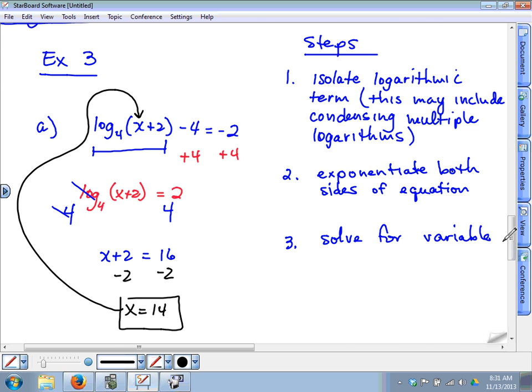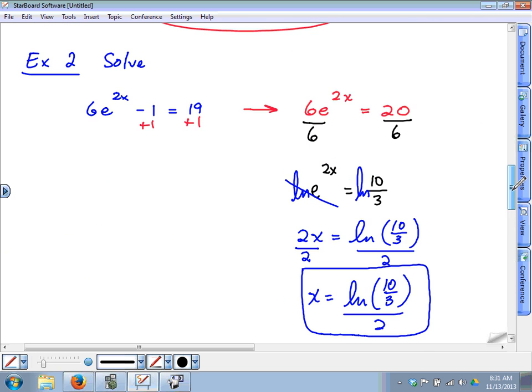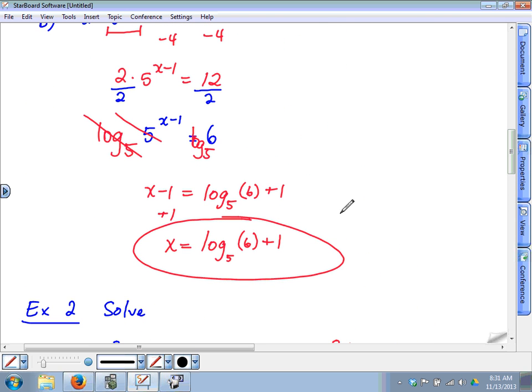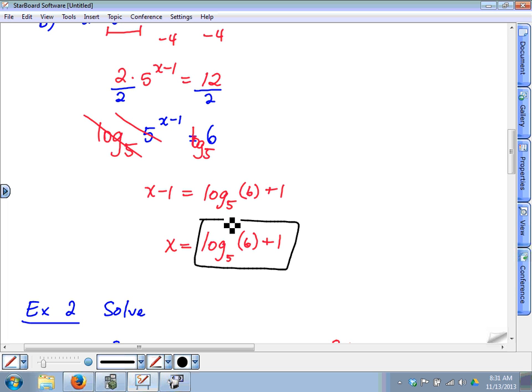Matter of fact, let's go back. Let's do part B of example 1. This was our solution, correct? These aren't quite as easy to check in your head, but you still can check these. What if we took this as our solution and plugged it back in to check our answer?